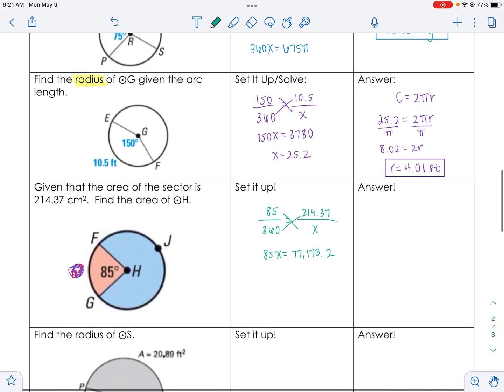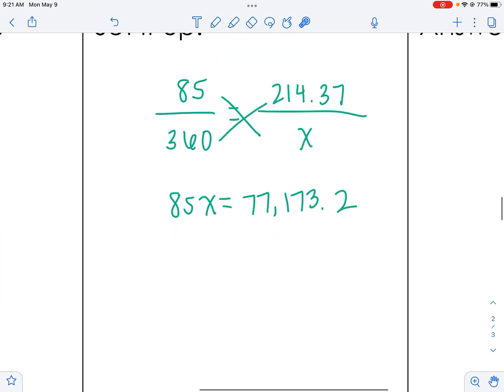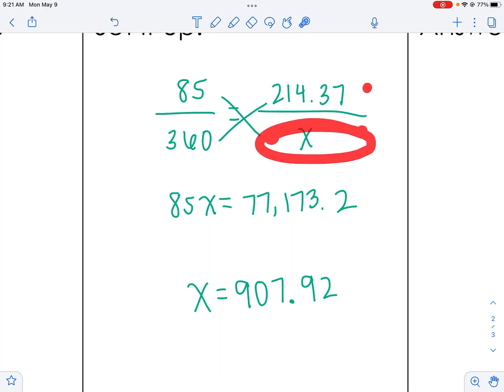And what happened in these particular problems was they didn't put it in terms of pi. Like on the last one, same thing. That's why I had to divide out the pi. That's okay. So from there, I'm going to divide both sides by 85, which would make x equal 907.92.